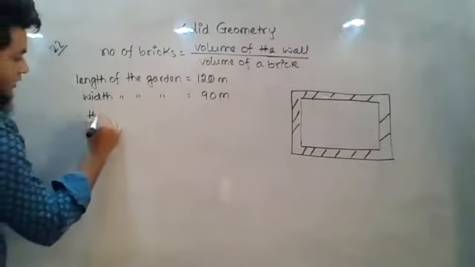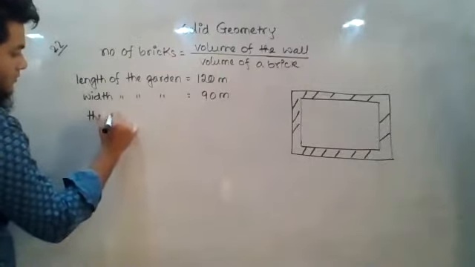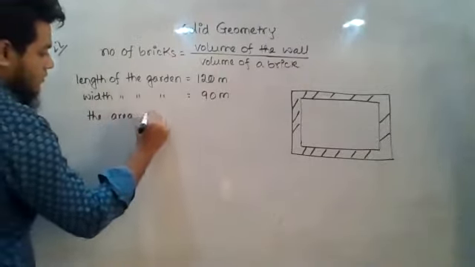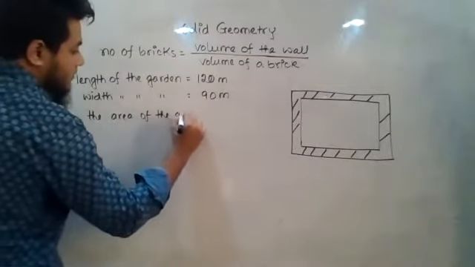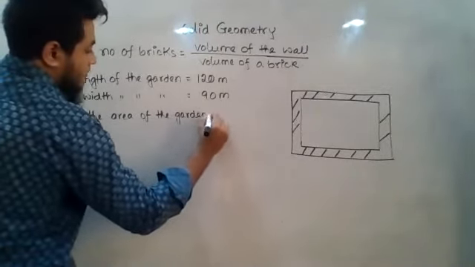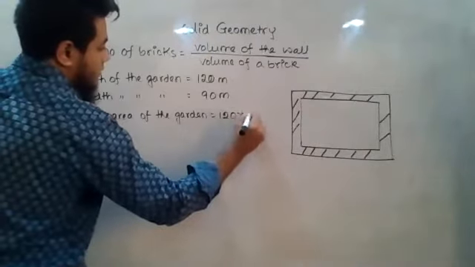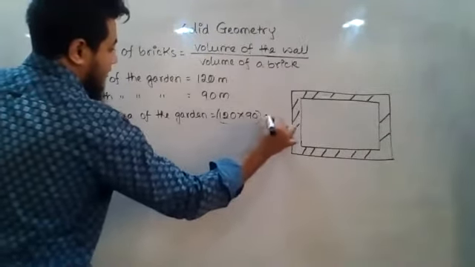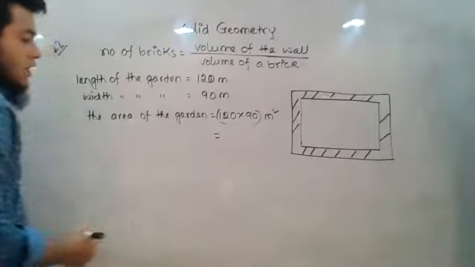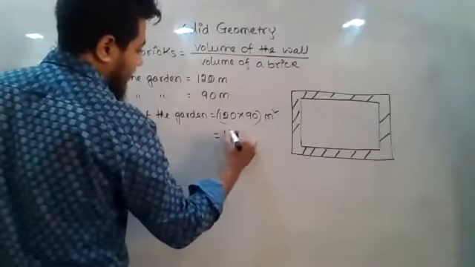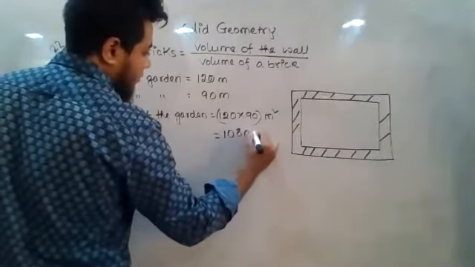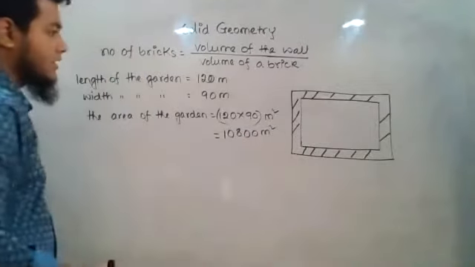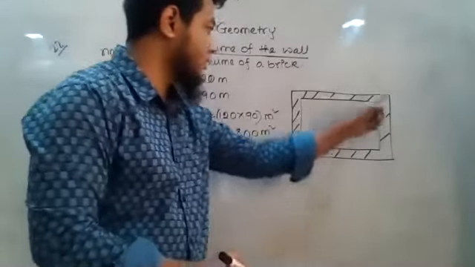So the area of the garden is equal to 120 into 90 meter square. So 9 into 12 is 108, and then two zeros are there. So this is the area of the outer rectangle.